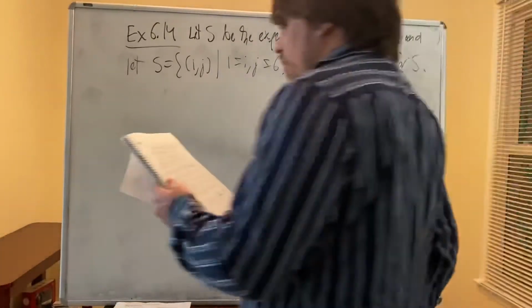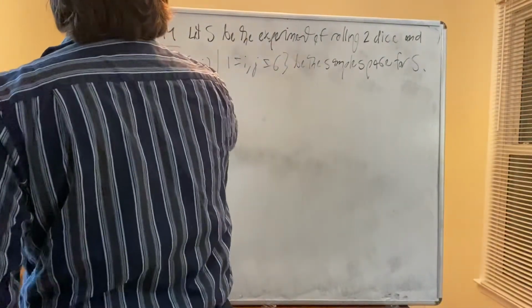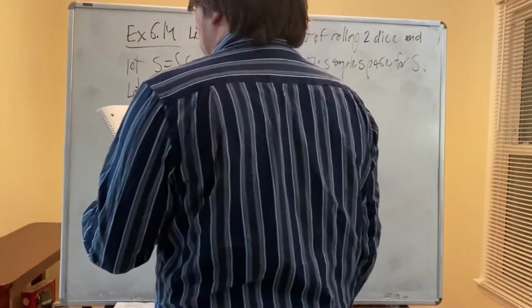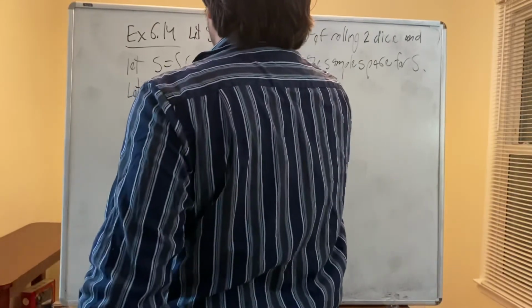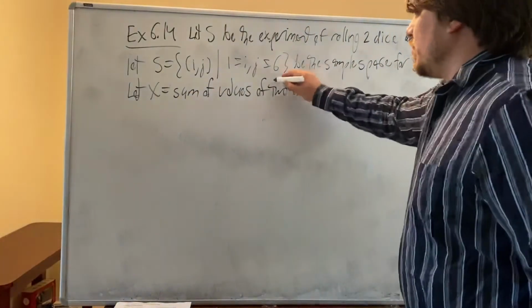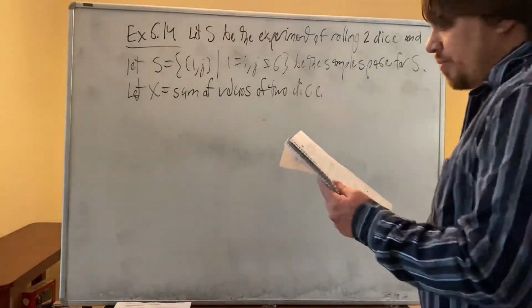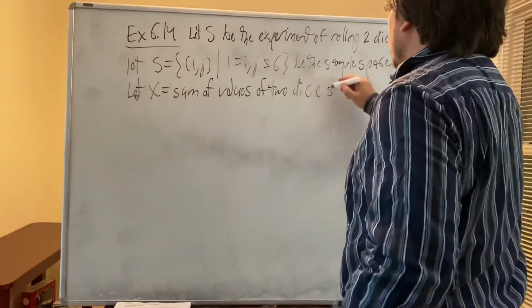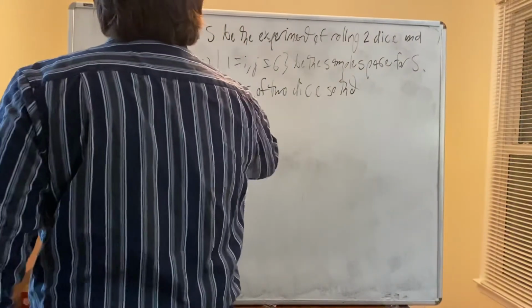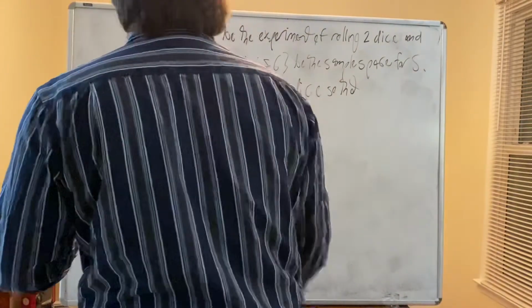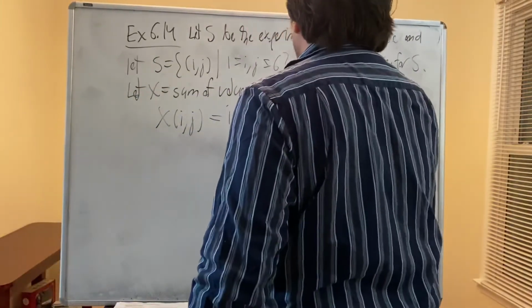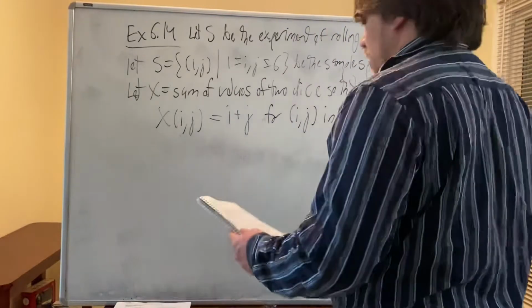Let capital X equal the sum of the values of the two dice. So that X of i comma j is equal to i plus j for i comma j in capital S.